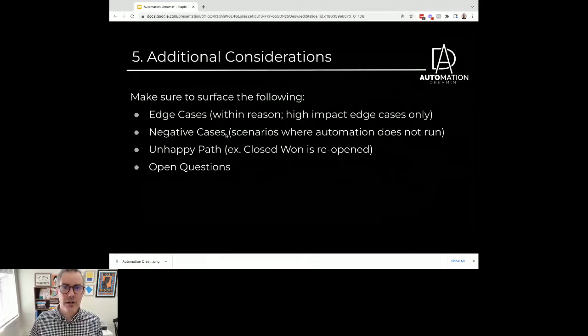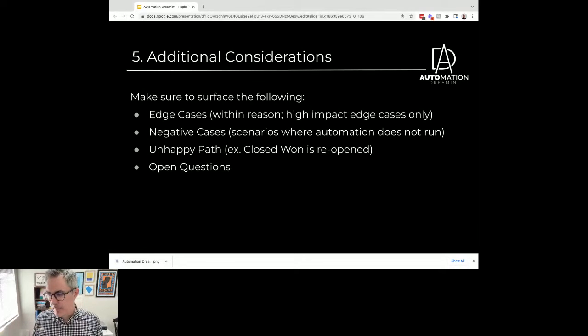If I go back to our example a couple slides before, a scenario where the automation doesn't trigger, and make sure that the stakeholders are aware of when this automation does trigger as much as when it doesn't trigger, because sometimes that can be a gotcha for stakeholders.